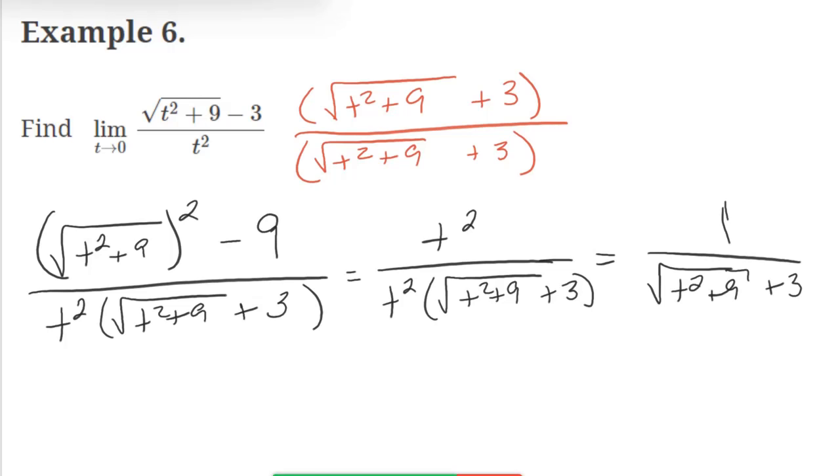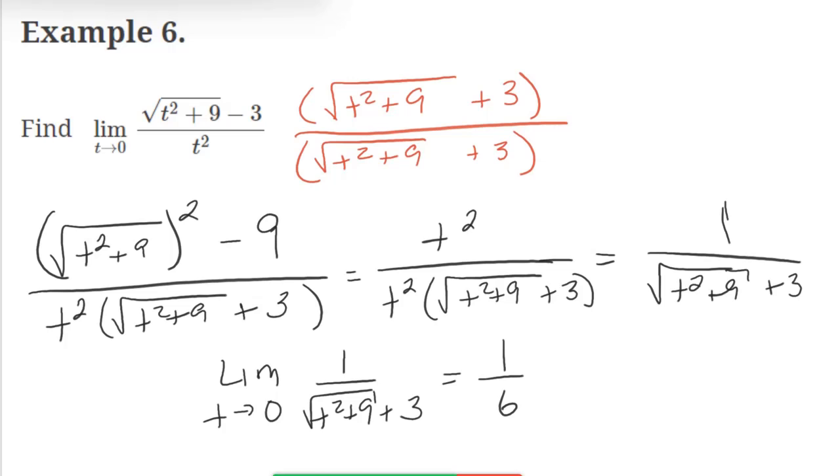So now I can do the limit of that. 1 over 6, right? Yep. So it's 1 over the square root of t squared plus 9 plus 3, which ends up being just 1 over 6. Yeah, 6. Sorry. Square root of 9 is 3.